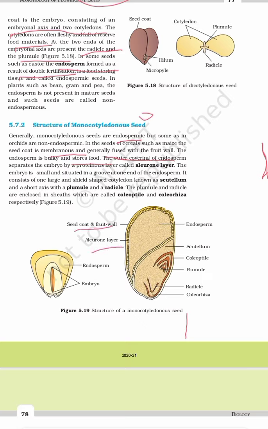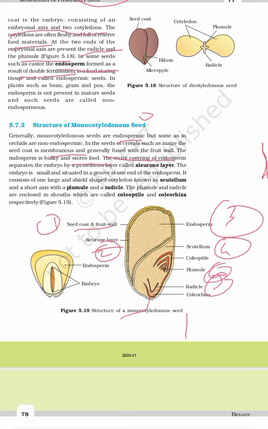Seed coat and fruit wall is the first layer, aleurone layer is the second layer, third is the endosperm stored inside. Fourth, the bigger part is called the scutellum, and a shorter axis with the plumule and a radicle. The plumule develops into shoot, and the radicle develops into root.